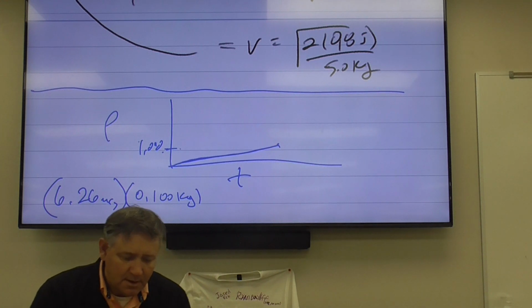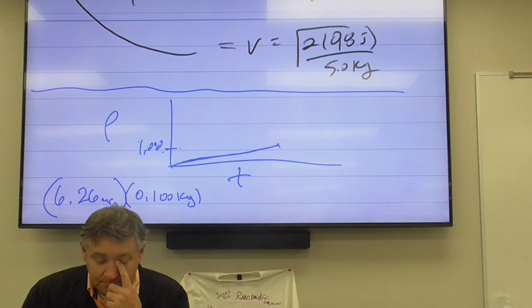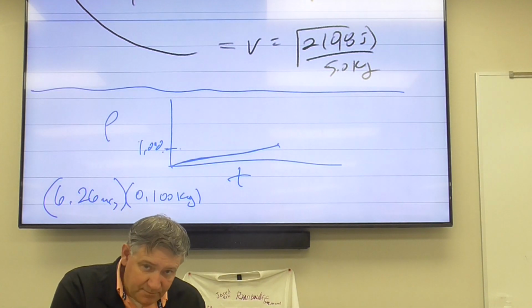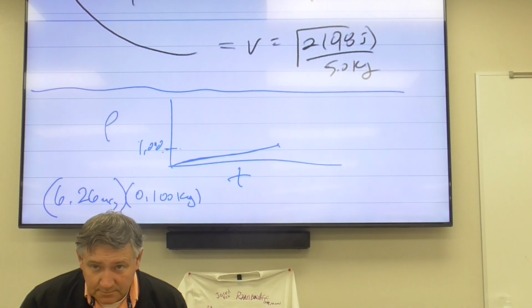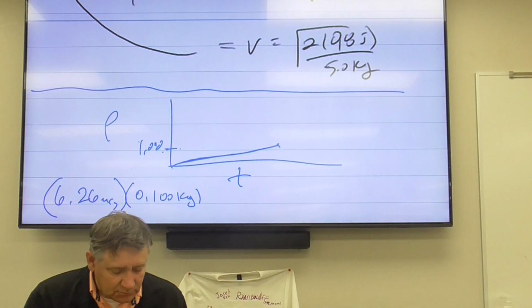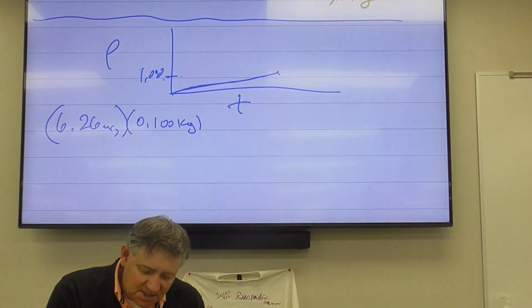Okay. Now, let's talk about time. Is the time going to be the same for both objects? Yes. Why? Because gravitational acceleration is a constant. So, Cohen, let's talk about the time.